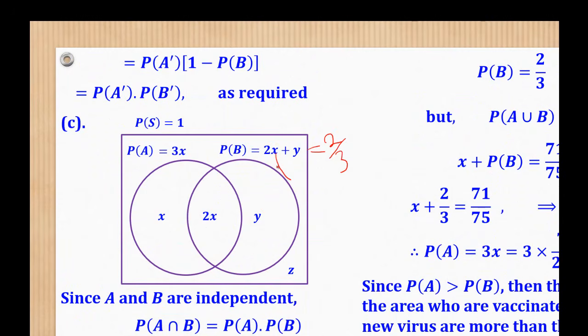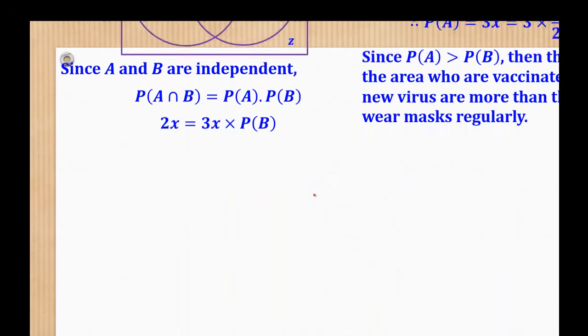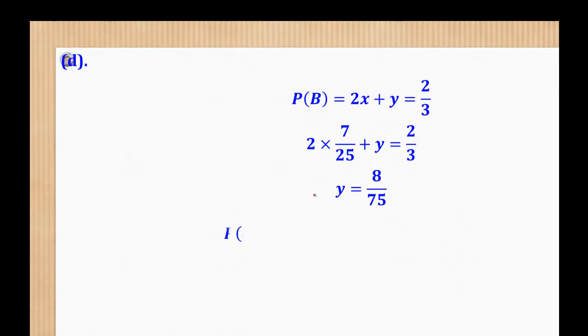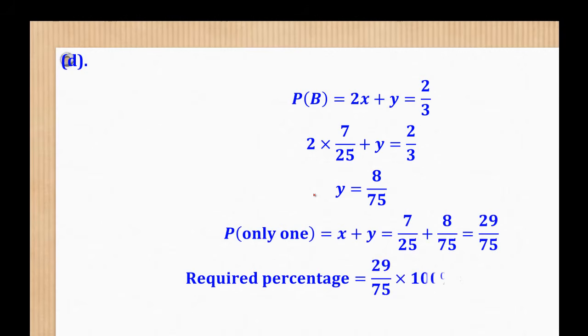And I know that X is 7/25. That means I can get the value of Y. So I'll come here and say the probability of B is that, substitute for X, you'll be able to get the value of Y. Then I can get the probability of only one, which is that. Then percentage, it will be multiplied by 100. So from probability to percentage, you simply multiply by 100.